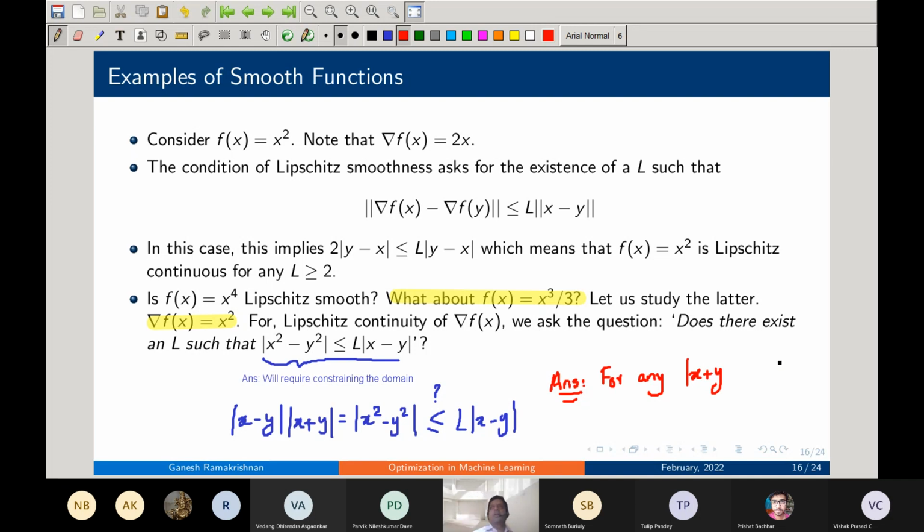If x is bounded and y is bounded, then obviously x plus y is bounded by some value. So for any, let's say, absolute value of x less than alpha, I'll have the absolute value of x plus y less than or equal to 2 alpha, which could be thought of as L. So this is an example of constraining the domain.